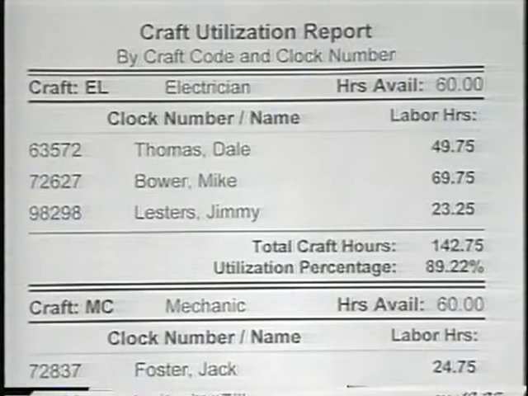So our utilization percentage is equal to 89.22%. That doesn't appear to be too bad, but the name of the game, if you remember when we talked about work order planning and scheduling, we want to try and get that utilization as close to 100% as practical.